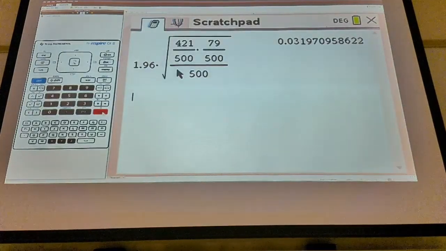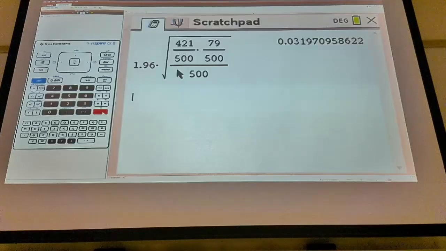That's 0.032. p hat is 421 over 500. It's really a question of how many decimals I want to go out to for proportions. 4, I'll stick with 4, I think.